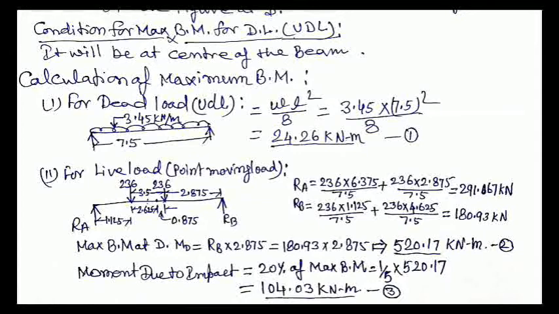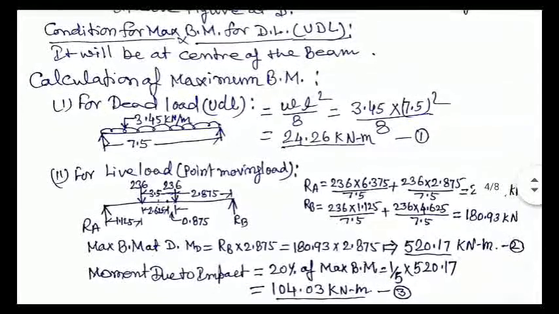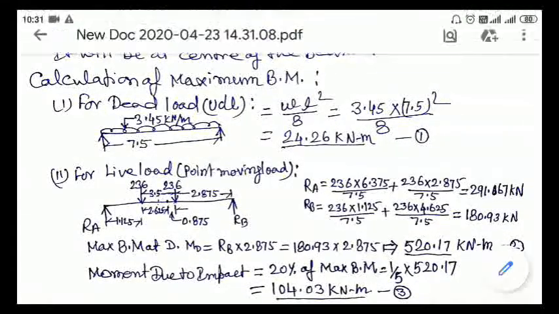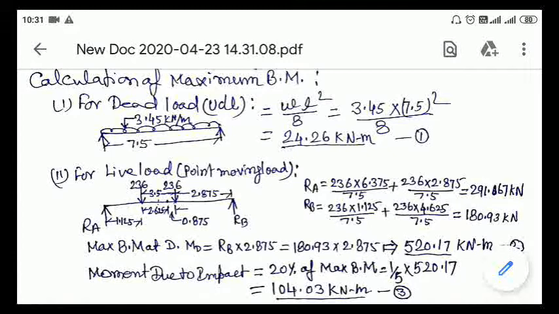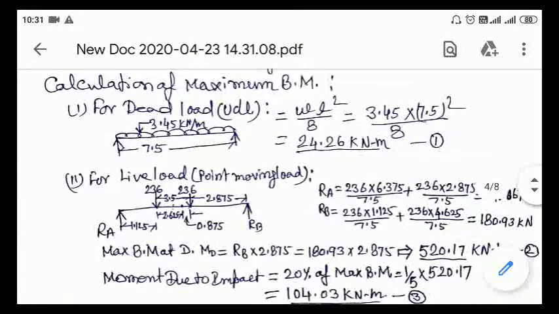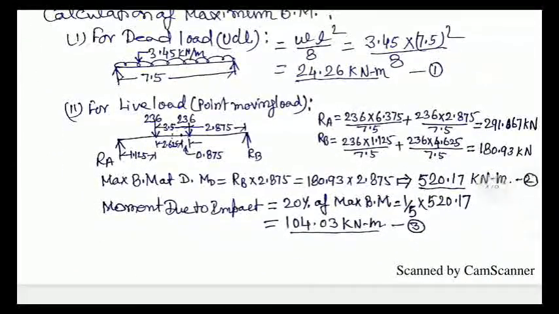So calculation of maximum bending moment. First of all, we have to calculate for the dead load. This is the diagram of gantry girder having 7.5 meter span, and this is 3.45 kilonewton per meter factored load. So the maximum bending moment generated by this is 24.26 kilonewton meter. Now for live load, because live load is point load transferred by wheels of the crane girder, this load system is in the same way satisfying the condition for maximum bending moment, as you are seeing in this diagram.